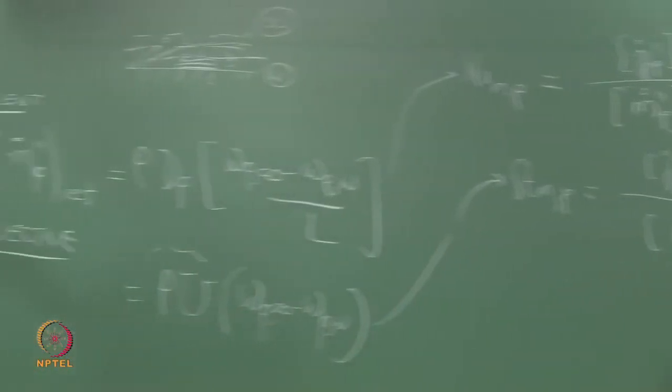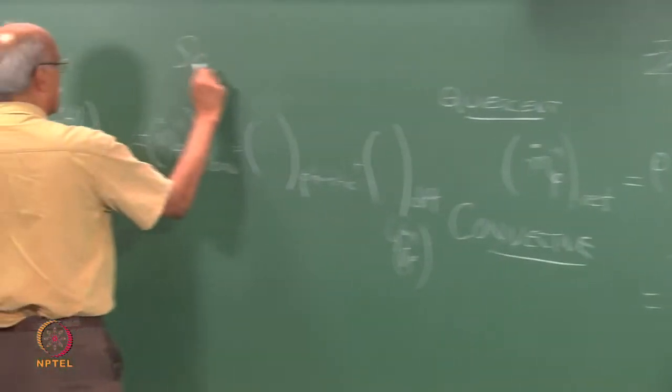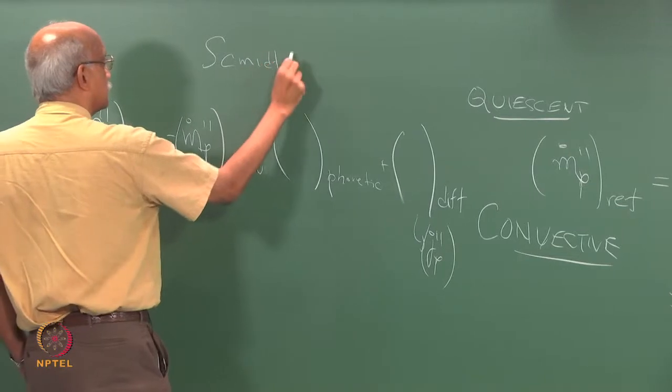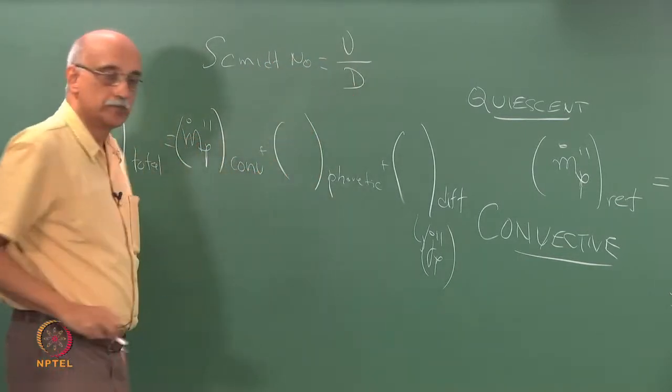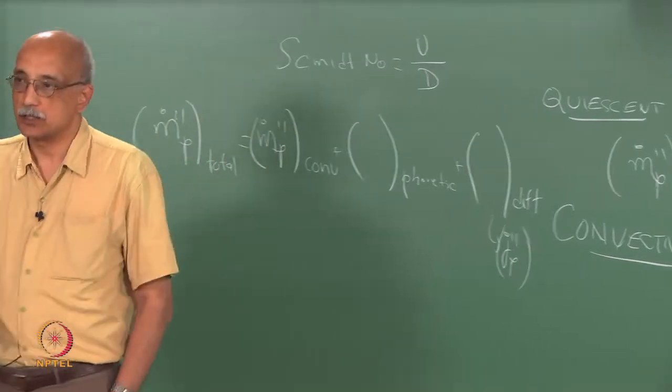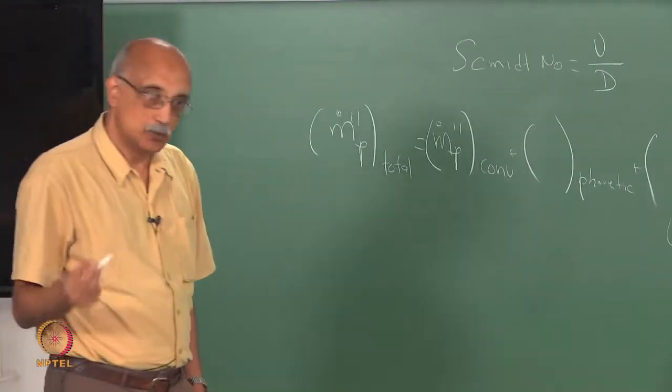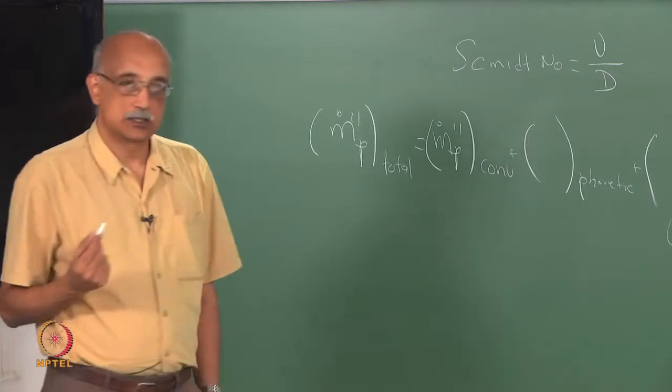Schmidt number Sc equals nu by D, where nu is kinematic diffusivity, mu by rho, and D is diffusivity.